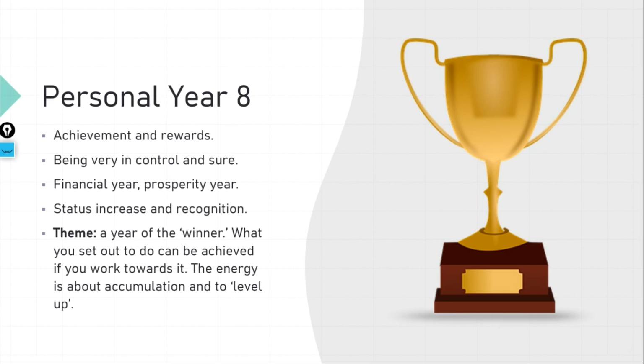Even if you weren't doing anything at your 4 year, if you've been working over the years towards some kind of achievement, in an 8 year you could see the fruits of what you've been doing. You could have a status increase, promotions, or recognition for whatever you're doing. So the theme of an 8 year is really the year of the winner, I like to call it. What you set out to do can really be achieved in an 8 year if you really work towards it.